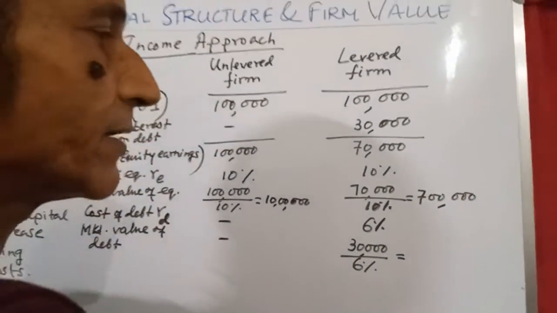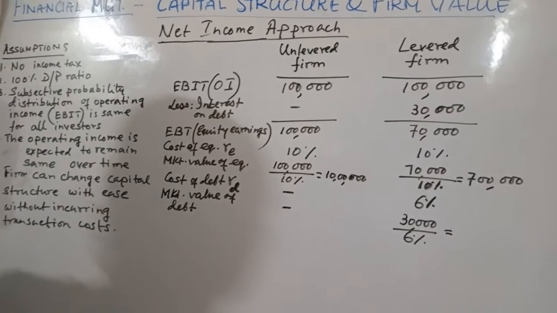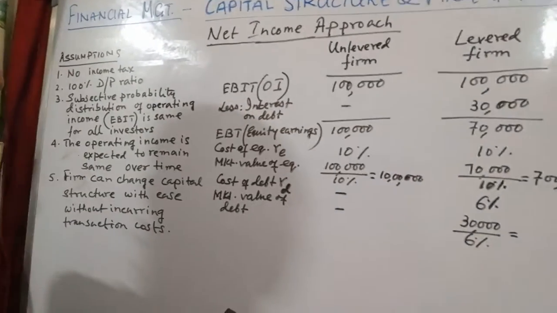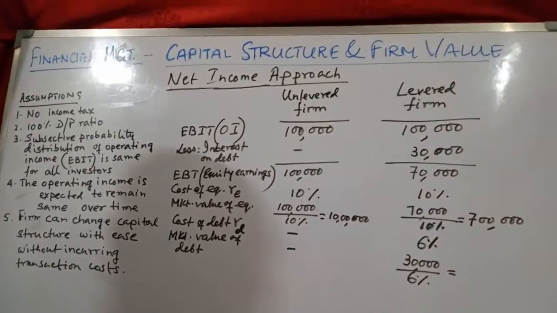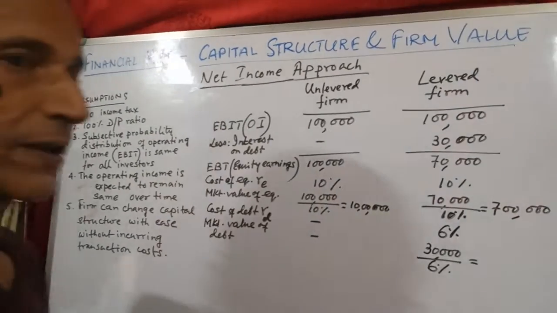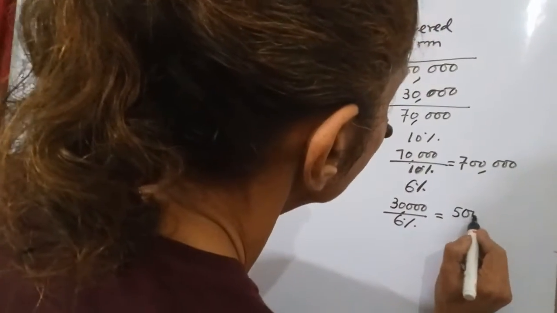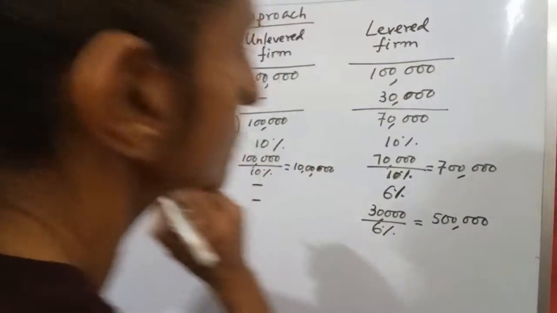So 30,000 by 6% comes to 5 lakh, 500,000.